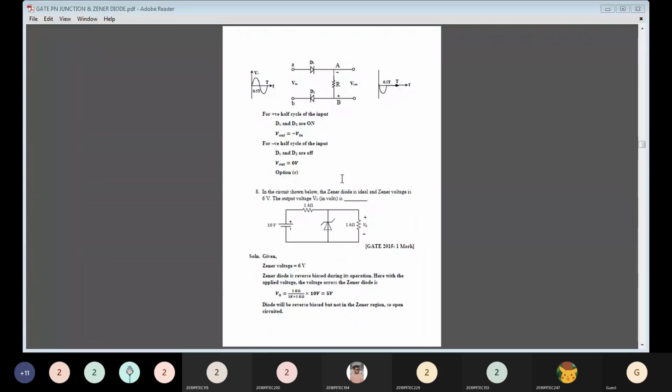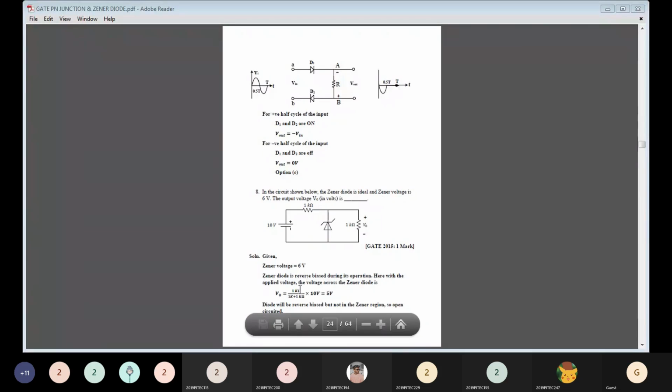Next, in the circuit shown below, the Zener diode is ideal and the Zener voltage is 6 volt. What is the output voltage V0? The Zener diode is reverse biased during its operation.